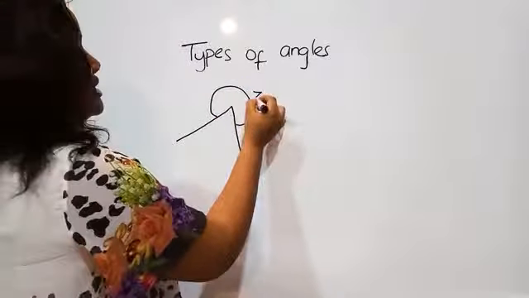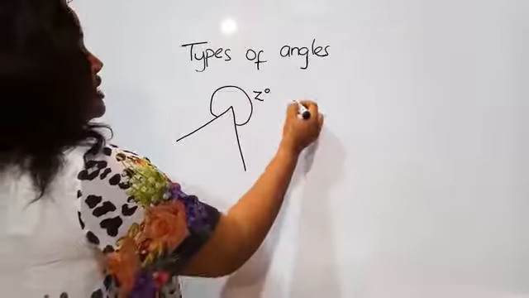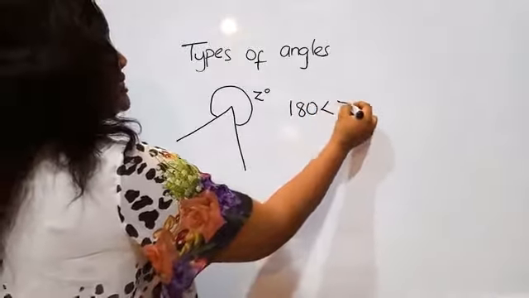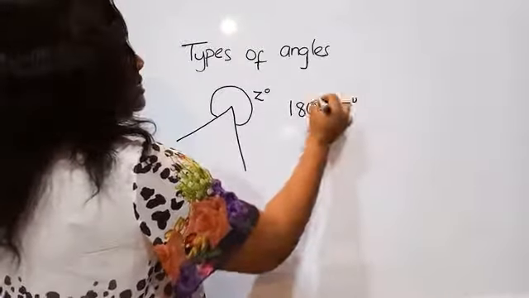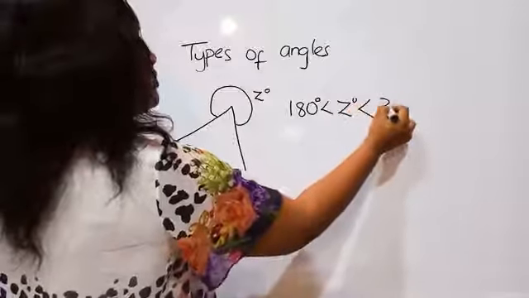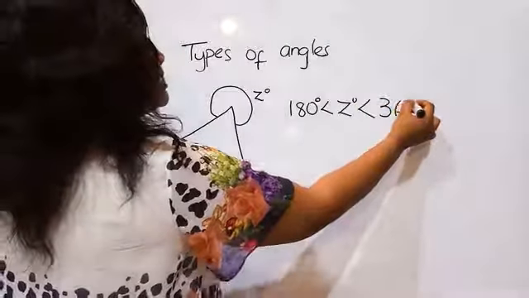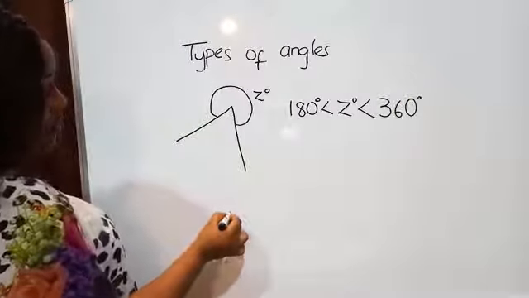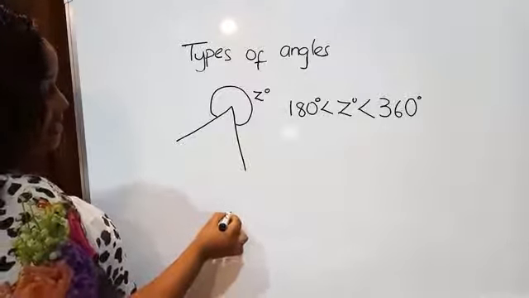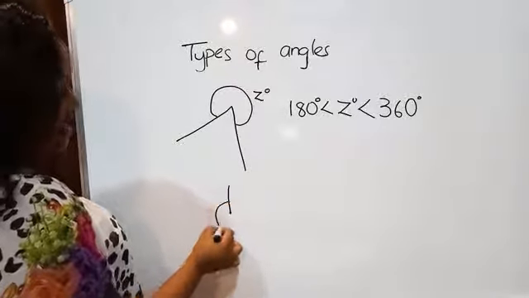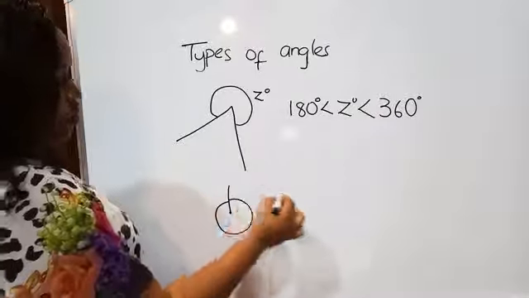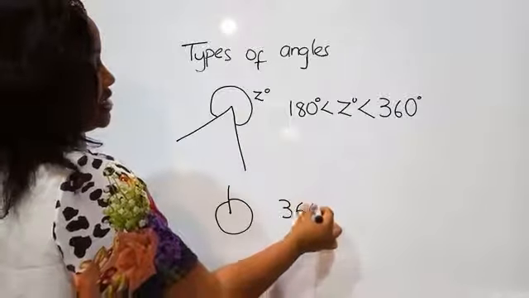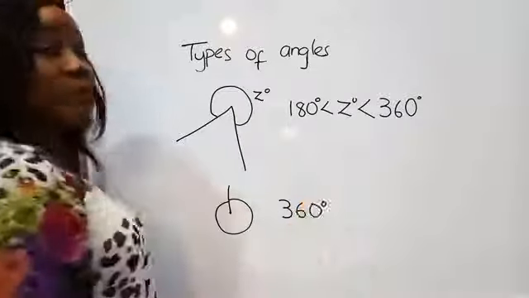Let's call this Z. You have 180 is less than Z, and Z is less than 360 degrees. And we have angle on a point, which is like saying like this, and this is 360 degrees. That's angle on a point.